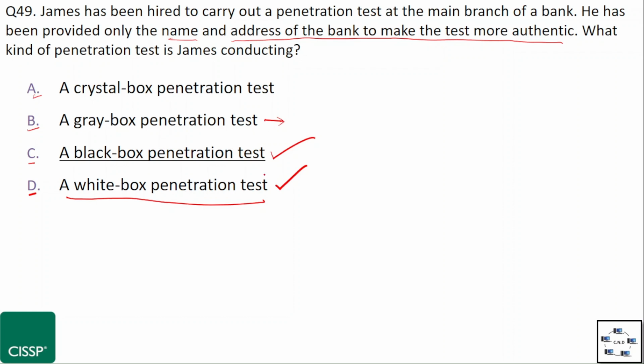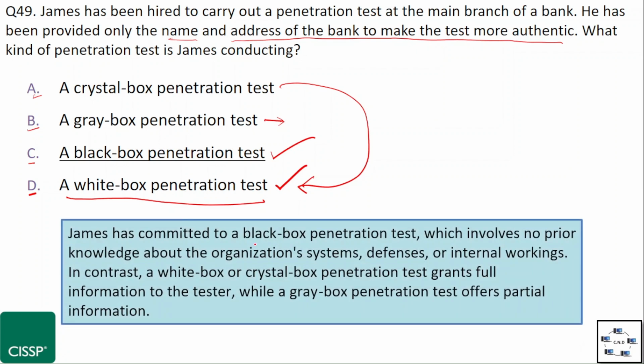It is between the black box and the white box. A crystal box penetration test is similar to a white box penetration test. So James has committed to a black box penetration test, which involves no prior knowledge about the organization's system, defenses, or internal workings. In contrast, a white box or crystal box penetration test grants full information to the tester, while a gray box penetration test offers partial information.